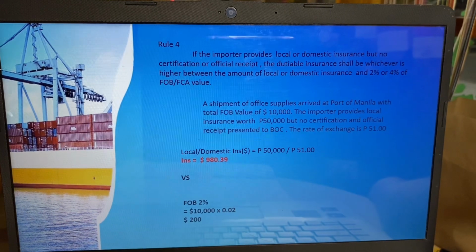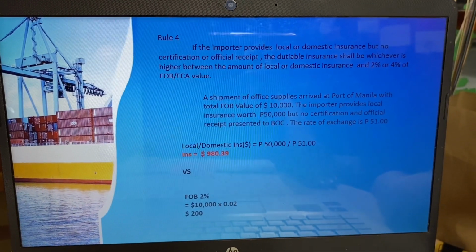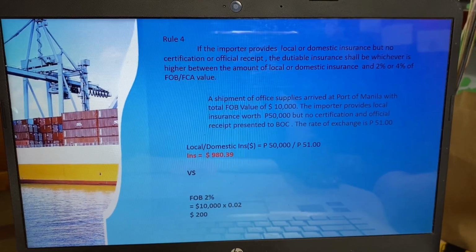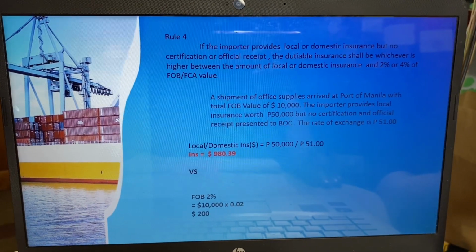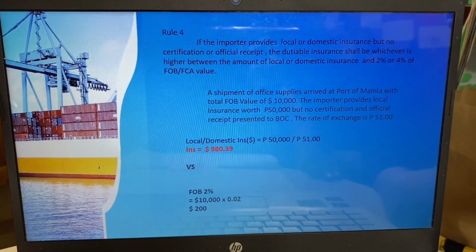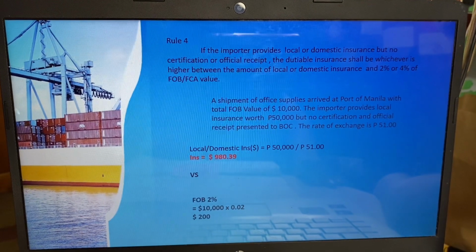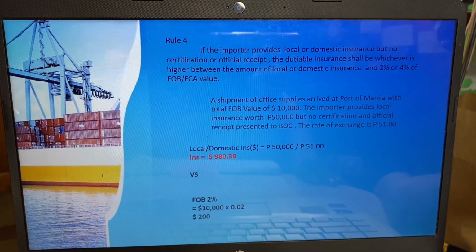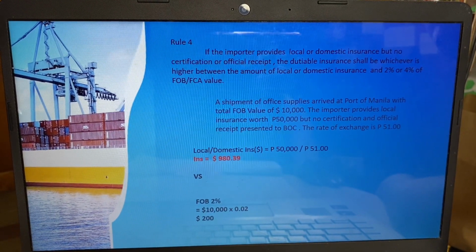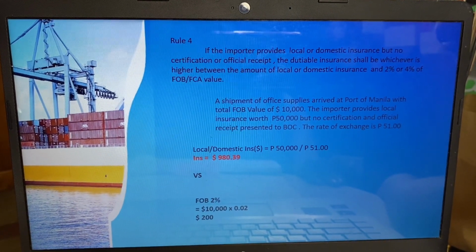So for the last rule, we have here, if the importer provides local or domestic insurance but no certification or official receipt, the dutiable insurance shall be whichever is higher between the amount of local or domestic insurance and 2% or 4% of the FOB or the FCA value. So here, combination gihapon siya with the previous rules 2 and 3.